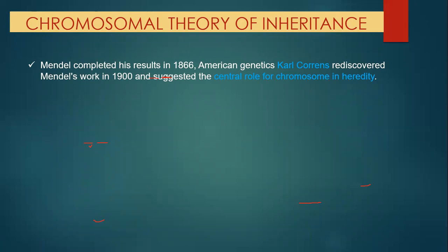As I told you, Mendel concluded from his observations that factors are steadily transmitted from parents to the offspring, and these factors are responsible for the trait expressed in the offspring. Later on, Correns said that chromosomes are the unit of inheritance. When the chromosomes pass through the gametes to the offspring, the traits are expressed.